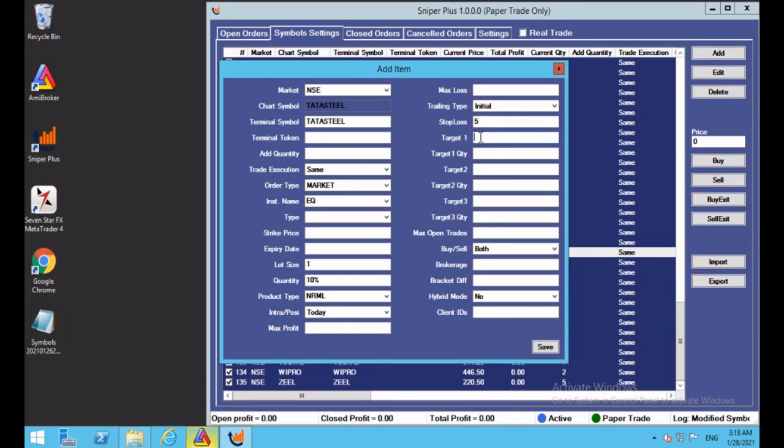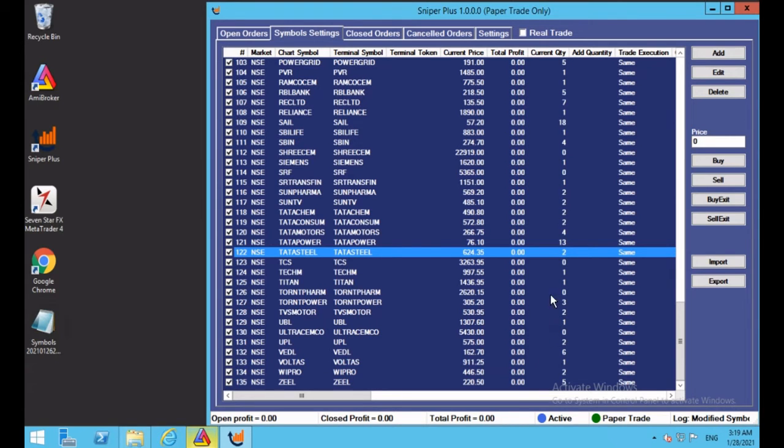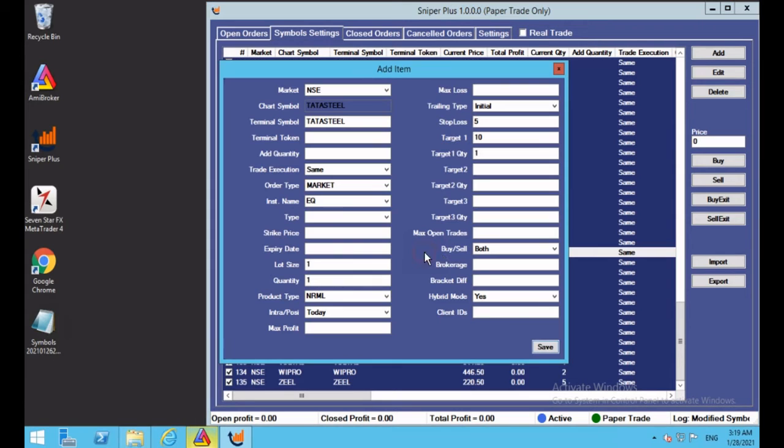Now the stop loss, let it be 5 and target 1 is 10. Let us keep the quantity as 1 and target 1 quantity as 1. Okay, now hybrid mode, yes. Now click on save. Now here Tata Steel, we took it for Tata Steel.